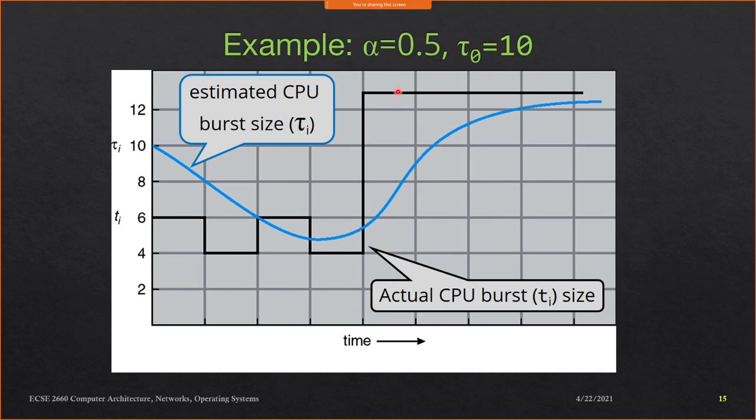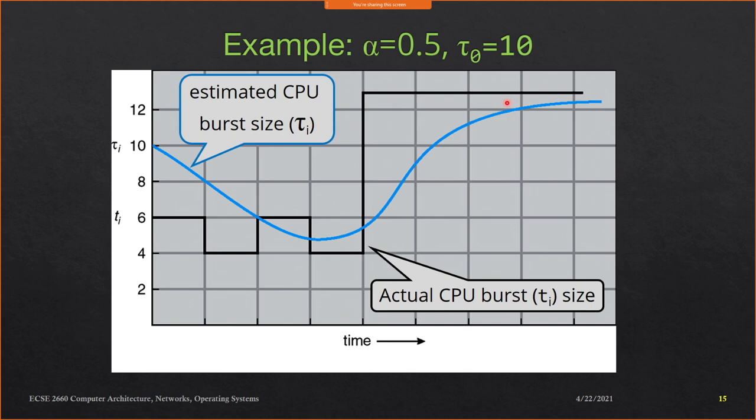Because we are doing this half based on previous actual, half based on predicted, we take a while to reach 13, even though the actual value is 13, because we are relying on two aspects, real data as well as predicted data.